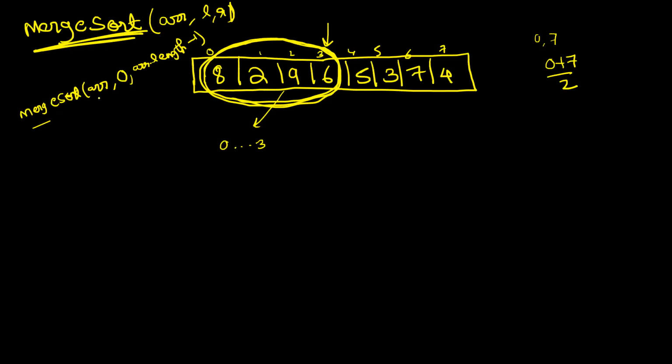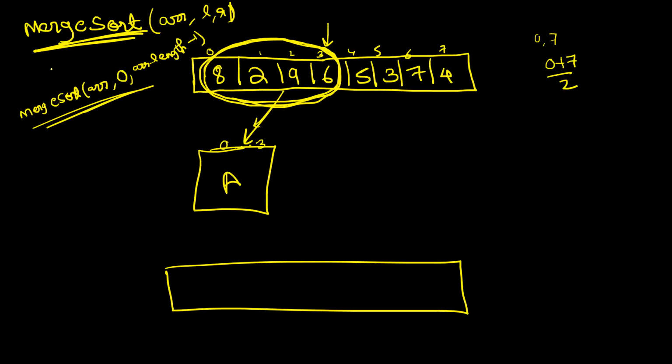So I make a call to merge sort from 0 to 3, and I assume that magically the left part, let me denote it like this, A, somehow becomes sorted. See, what is the merge sort function doing?